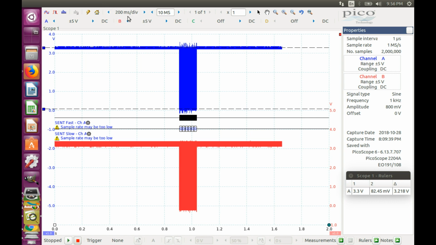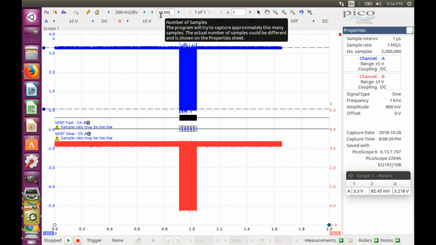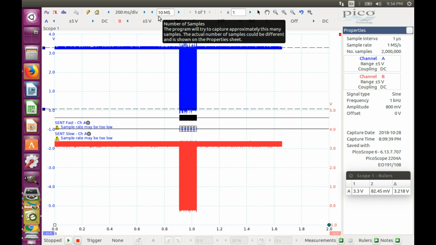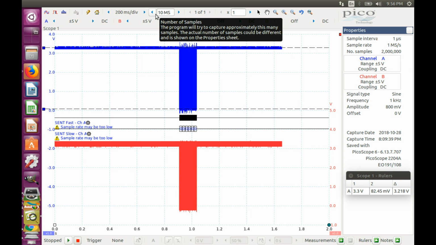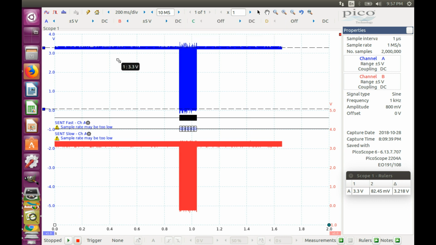This corresponds to setting the time base to 200 milliseconds per division and making the number of collected samples big. Here I'm using 10 megasamples. If you need any clarifications of what the streaming mode is for the Picoscope, please look for my video on this topic, and I will include the link into the description of this video.